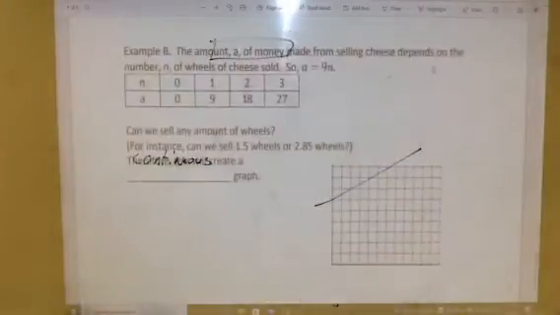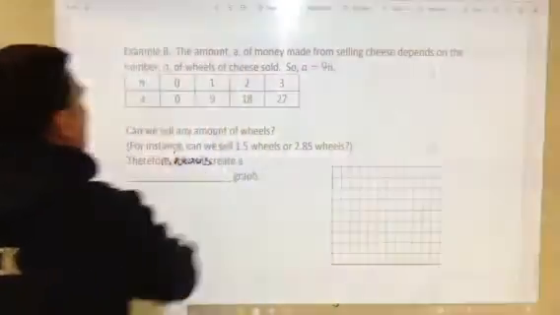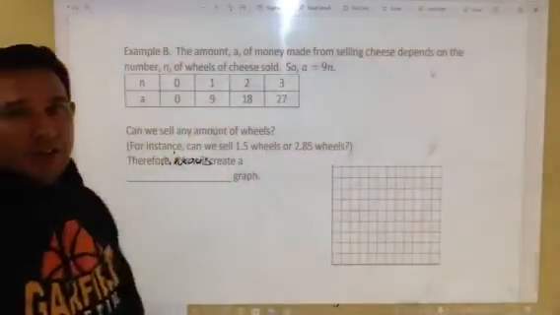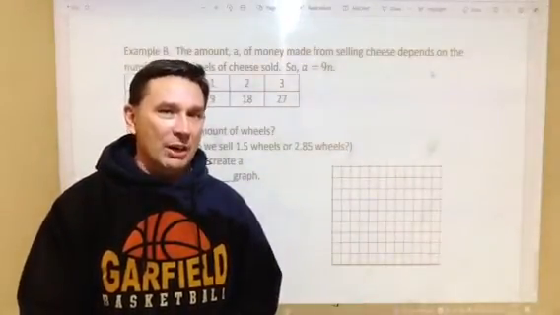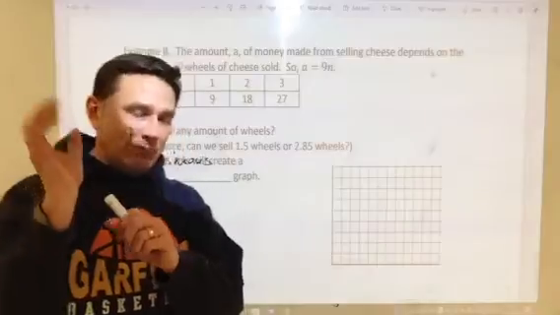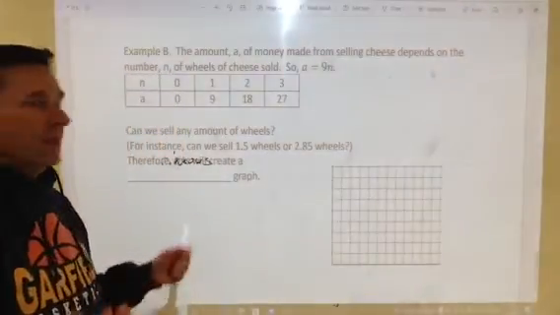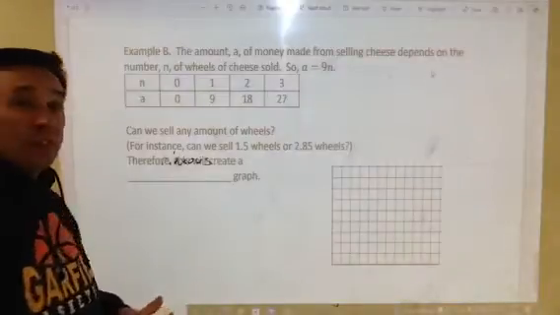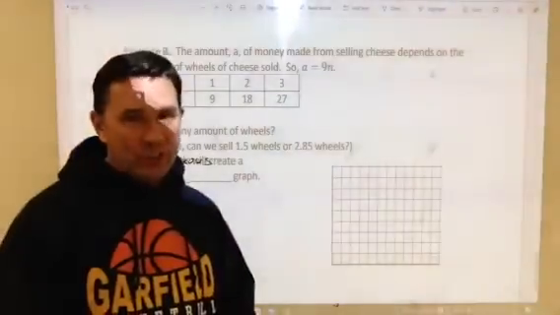The second example is a discrete example. Here we're talking about the circles of cheese that you would see, or the wheels of cheese. If you don't know what a wheel of cheese is, think back to watching Tom and Jerry, when Jerry's carrying that wheel of cheese around. Many restaurants buy those wheels of cheese. You can't buy half a wheel of cheese.